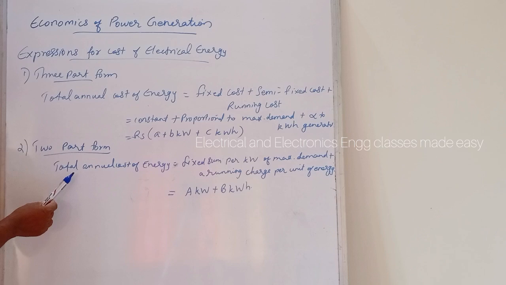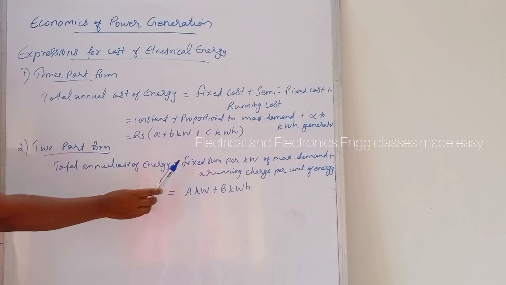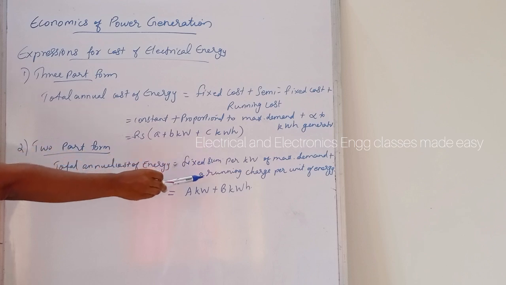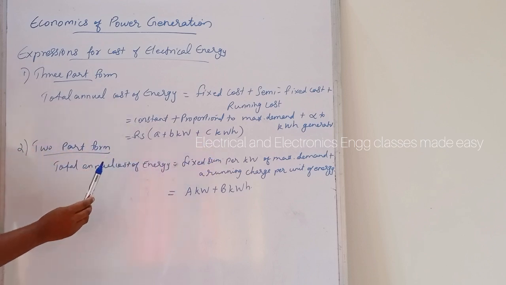Then in two-part form, the annual cost of energy is divided into two parts, that is fixed sum per kW of maximum demand plus a running charge per unit of energy.